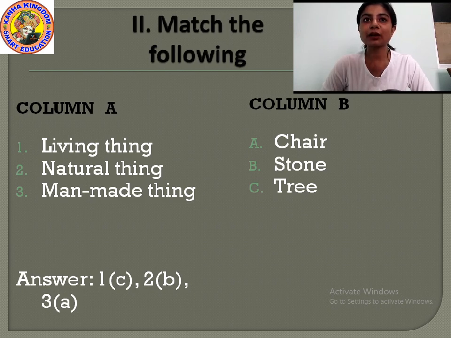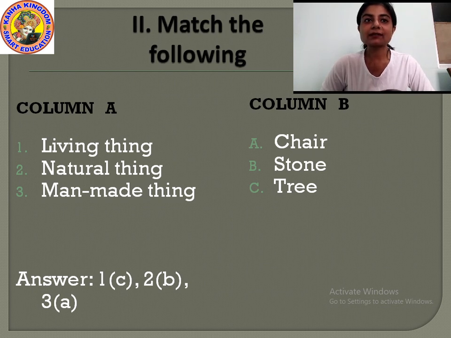The answer of number 2 is B. Then man-made thing, the answer is chair: C-H-A-I-R. The answer of 3 is A.